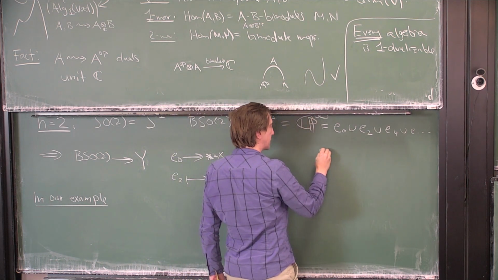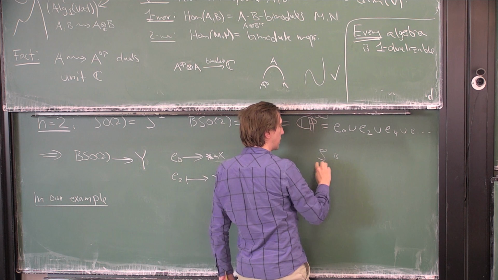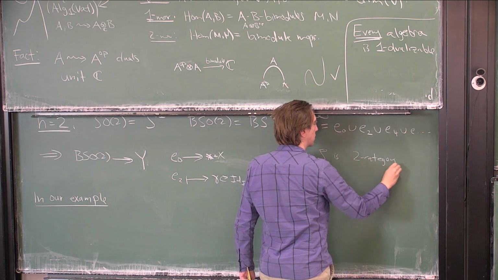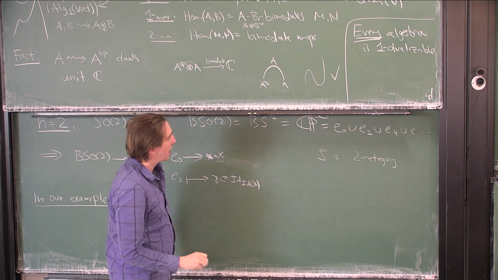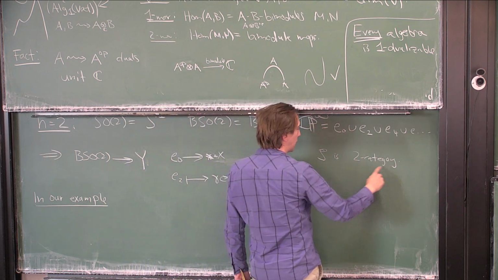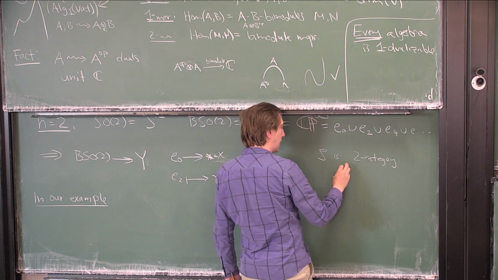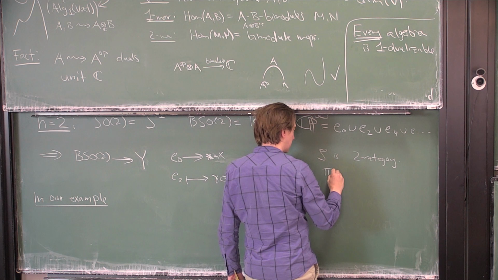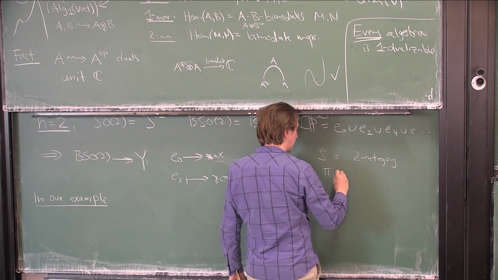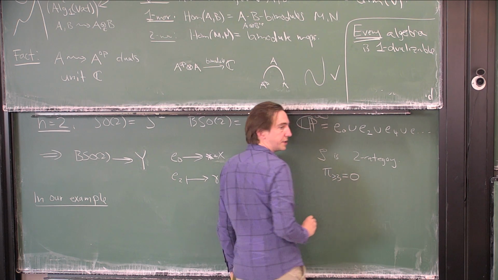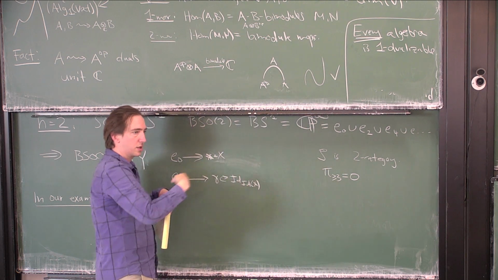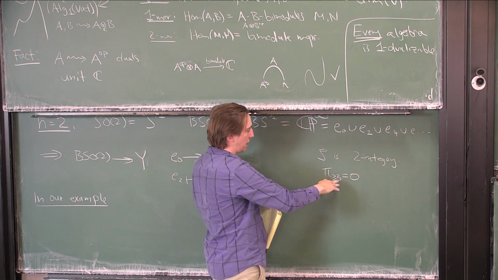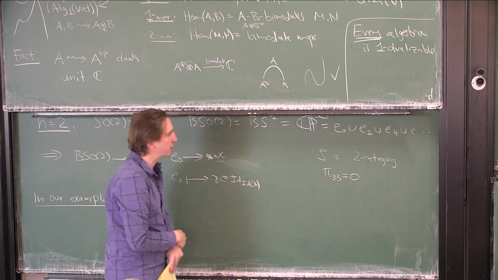If the target S, in our case, is a 2 category, then this implies that all the higher homotopy groups, i greater than or equal to 3, are all 0. It's what's called truncated, if we think of this as a space. It only can have interesting stuff happening in low dimensions.